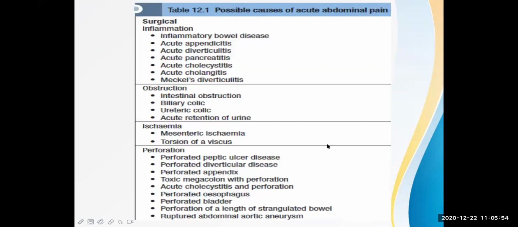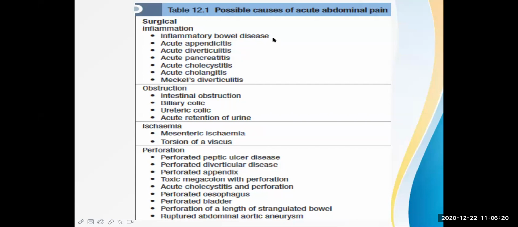Now, all of you, please focus on this slide. These are the possible causes of acute abdominal pain. These are the surgical causes. To make it easier for you, they have been divided into different groups: inflammatory causes, obstructive causes, ischemic causes, and perforation. See this, among the inflammatory ones, inflammatory bowel disease.